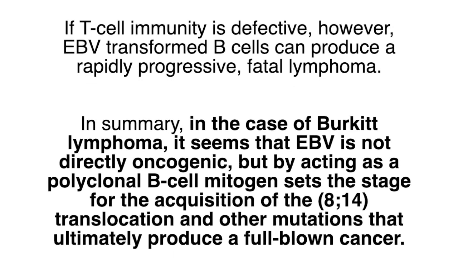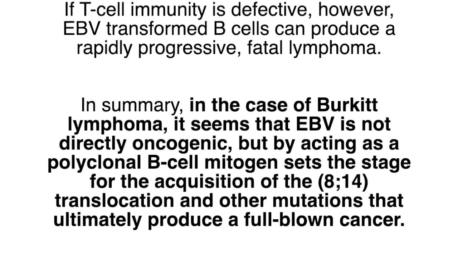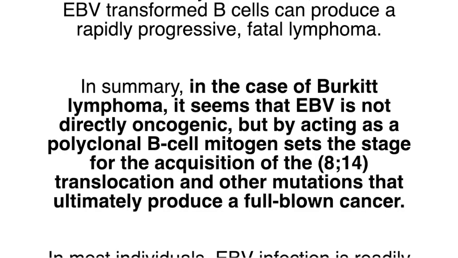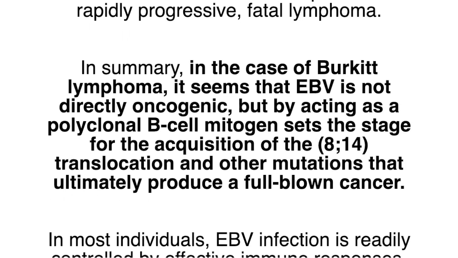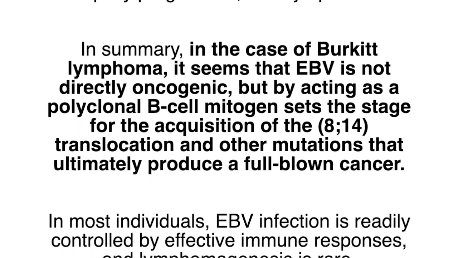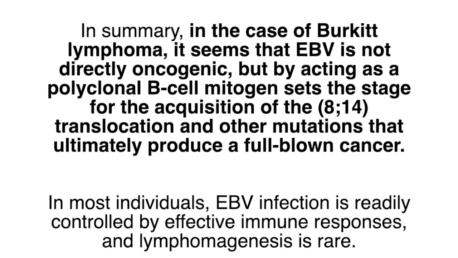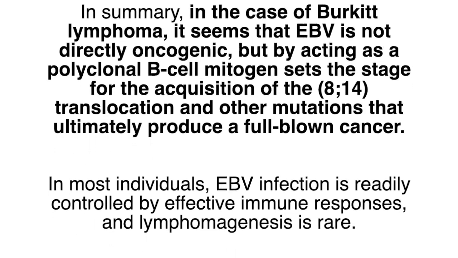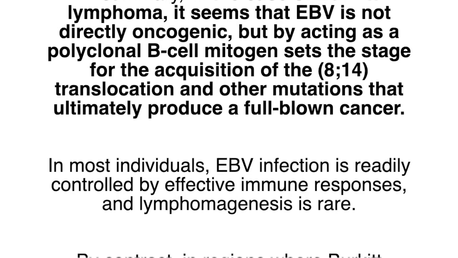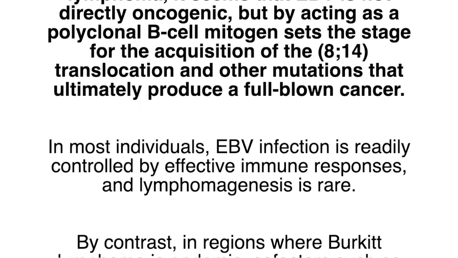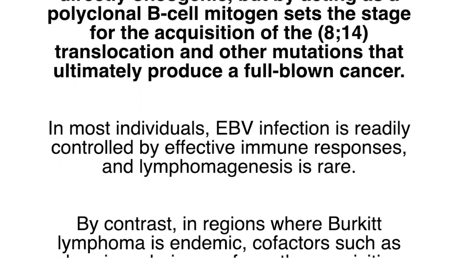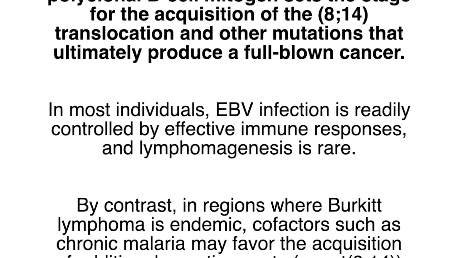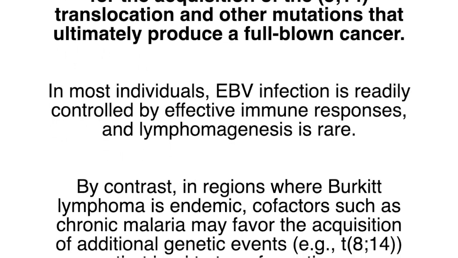In summary, in the case of Burkitt lymphoma, it seems that EBV is not directly oncogenic, but by acting as a polyclonal B cell mitogen, sets the stage for the acquisition of the 8;14 translocation and other mutations that ultimately produce a full-blown cancer.